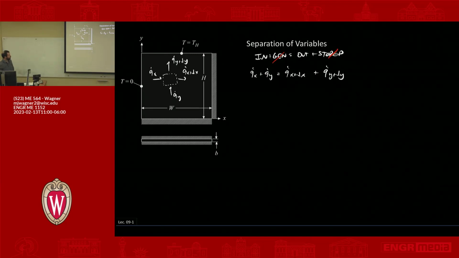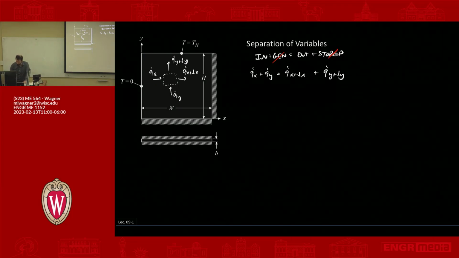That's our very simple energy balance. We can now do the same steps we've established before. We're just adding this second dimension to it. So what do we need to do? Let's expand out x plus dx, and let's expand out y plus dy.